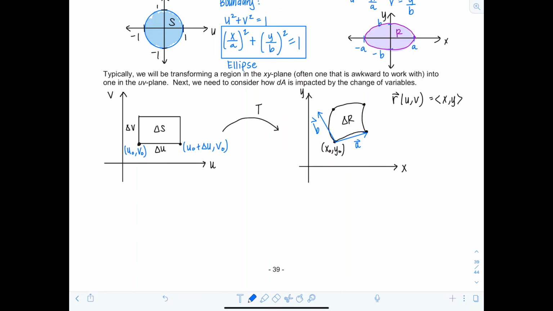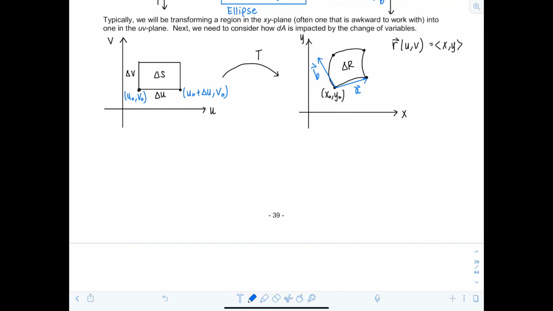Let's think about it. So vector A, notice it starts at x naught, y naught, and it stops wherever T maps (u naught plus delta u, v naught) into the xy plane. So it would be at r of (u naught plus delta u, v naught), right?